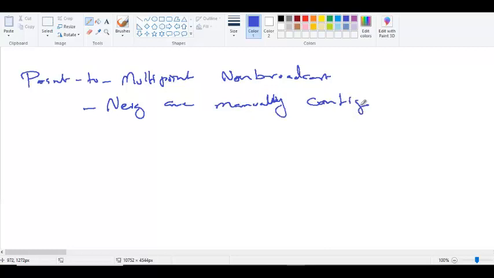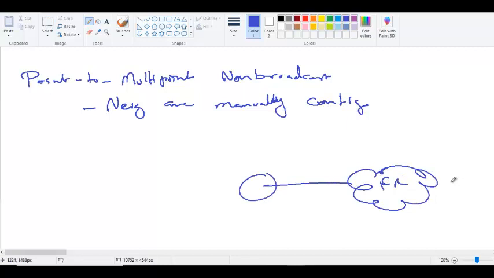Next, secondly, what is the best of the second one? The second mode can fit in any environment, any topology.